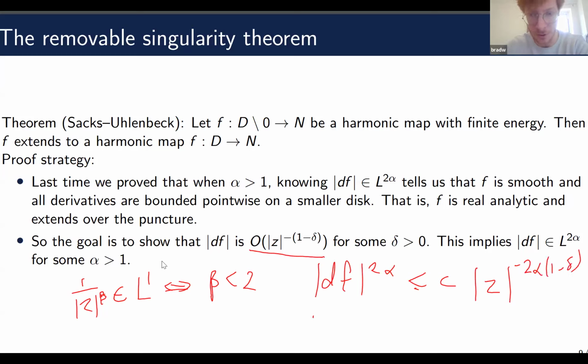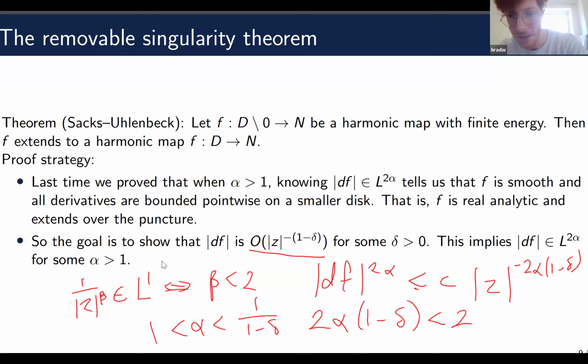And then we're just asking for 2 alpha (1 minus delta) to be less than 2, which is satisfied when alpha is slightly less than 1 over 1 minus delta, but still greater than 1. Right. So this is the strategy. We show that df is like this.